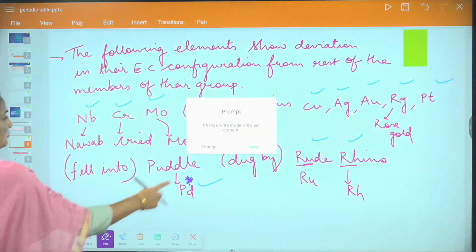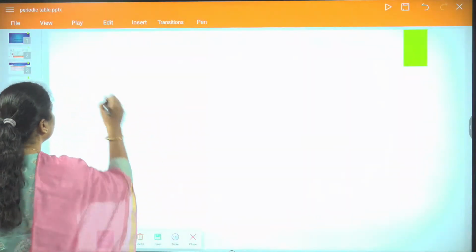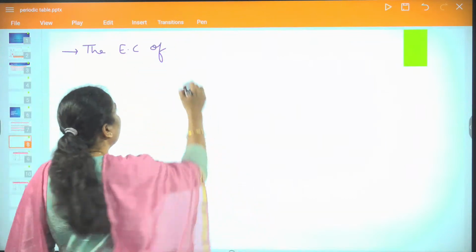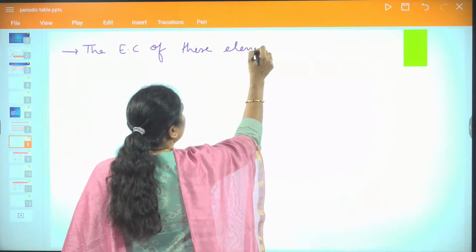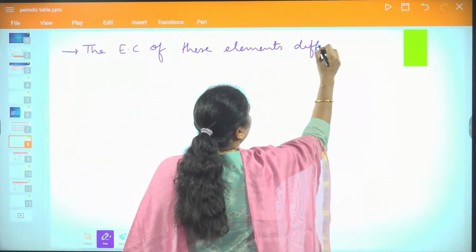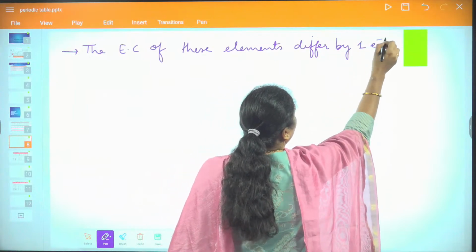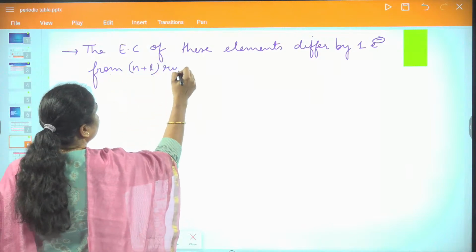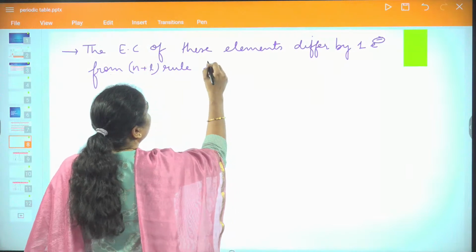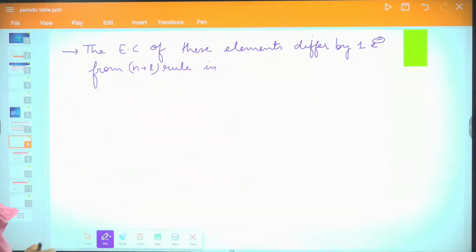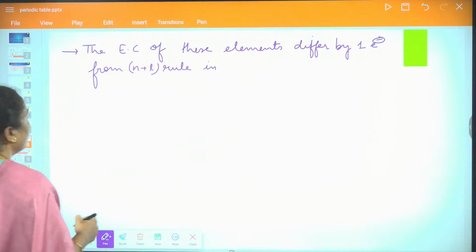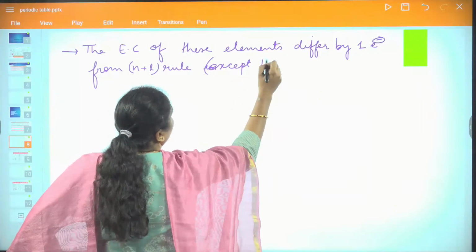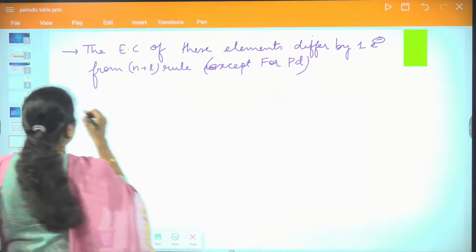So I'll write now the electronic configuration. You can write after this point, okay? The electronic configuration of these elements differs by 1 electron from the n plus l rule, except for palladium, right?